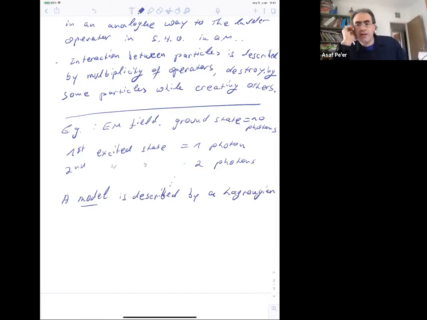And the Lagrangian holds all the information about two things. One is what are the particles involved, right? I gave you an example in one of the tutorials of particles A, B, and C. And the second thing, what is the second thing?